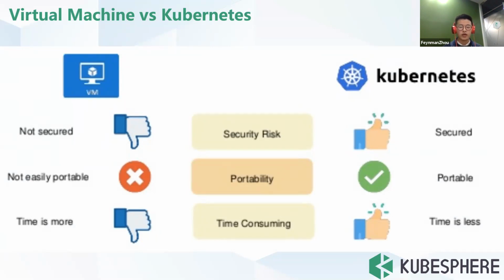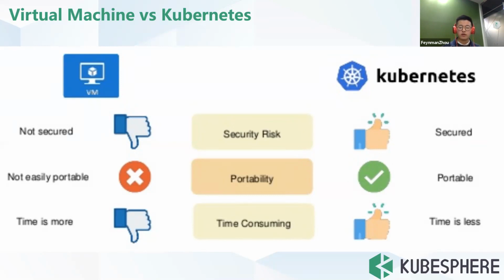There are a lot of free and open source virtualization software, such as VMware and OpenStack. But the virtual machine is not secure and portable, and it takes too much time to set up an environment. So containers and Kubernetes were born to be portable and run faster than virtual machines. It also has multiple security solutions on top of it.